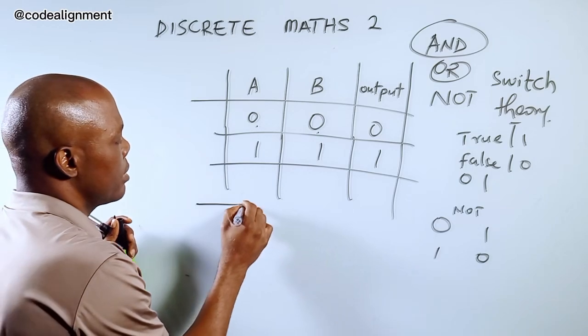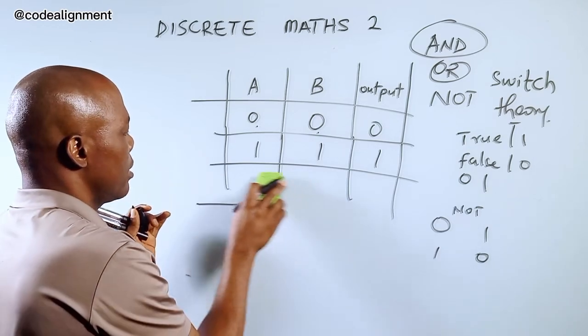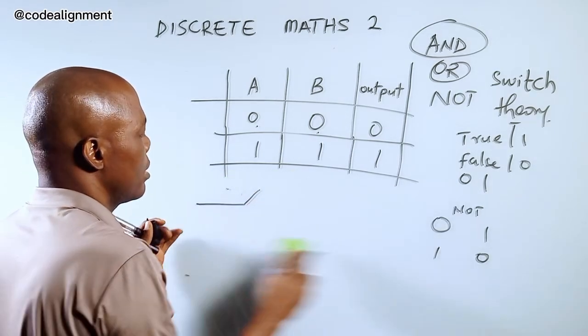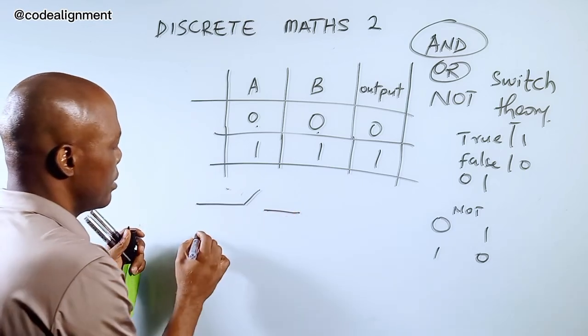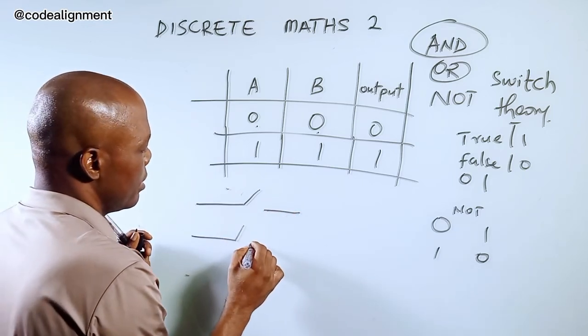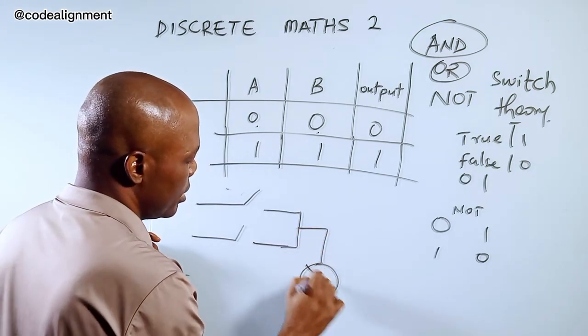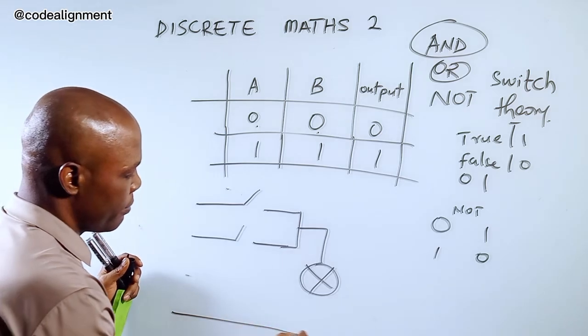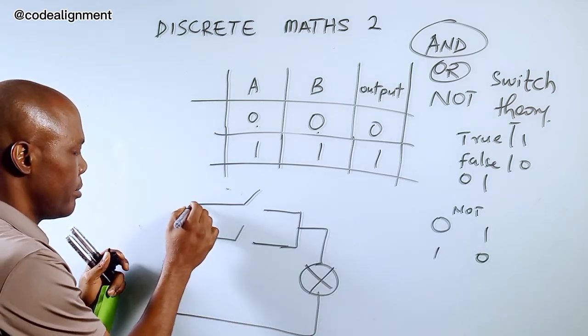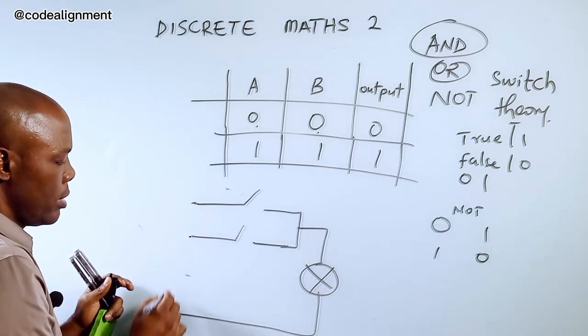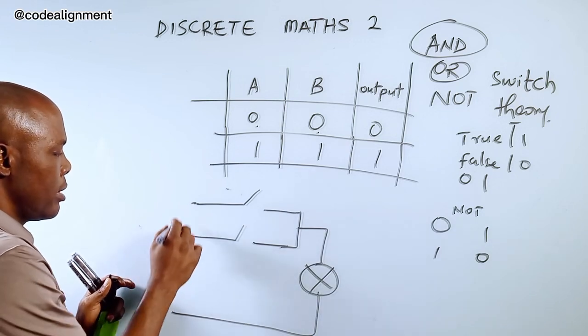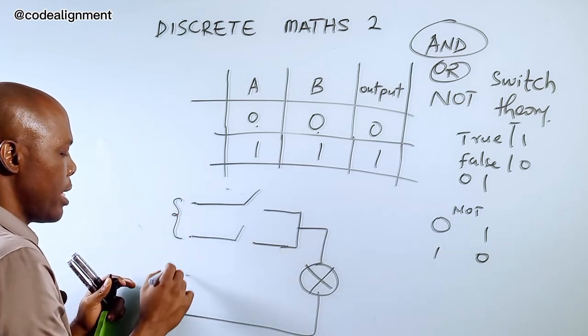So I have this, then I have this, then I have this, right? So this is my bulb, then I have this terminal, right?